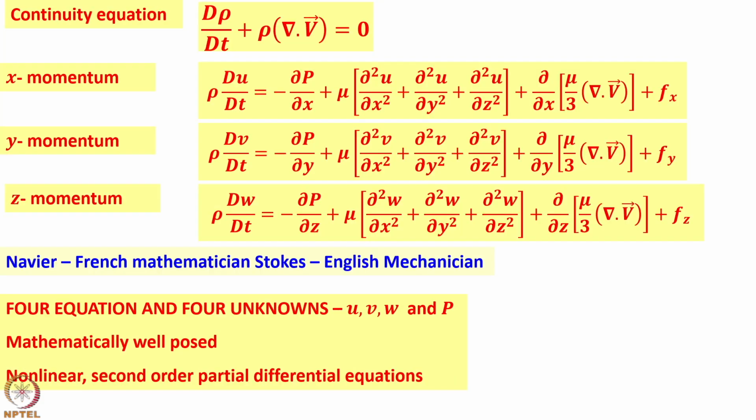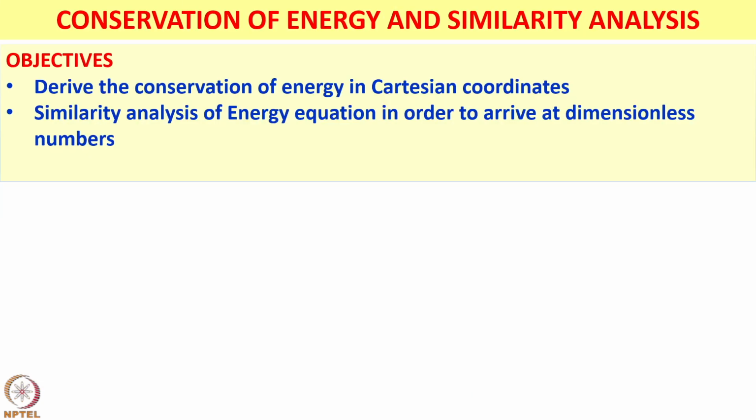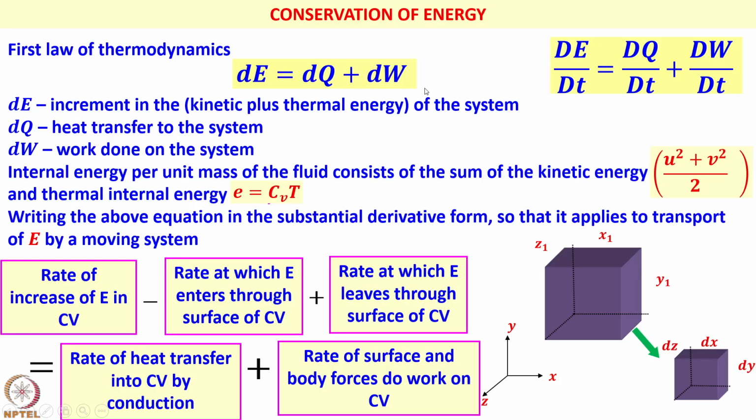The next logical thing after conservation of mass and momentum is conservation of energy. So we shall do the conservation of energy in Cartesian coordinates. For that we need to take recourse of the first law of thermodynamics. So let us get started.